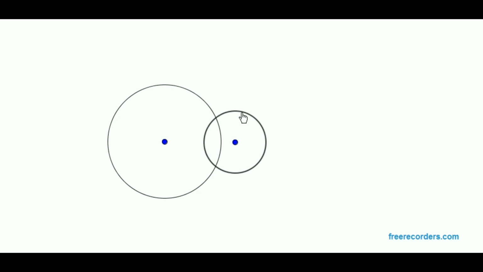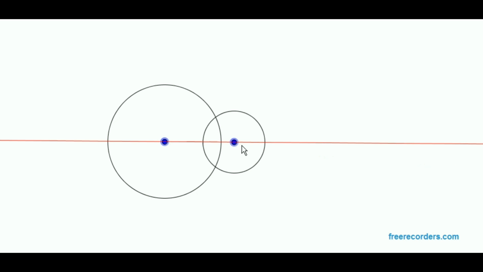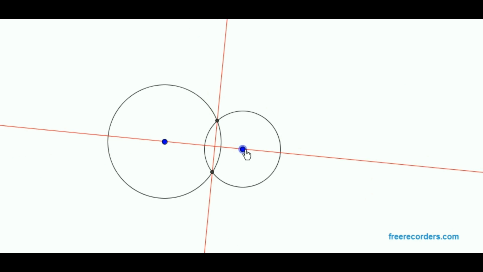So let's look at things that we know about ordinary circles. There are two quite famous Euclidean theorems. One is that if we have two overlapping circles and we draw the common chord they have, it's going to be perpendicular to the line in between their centres.